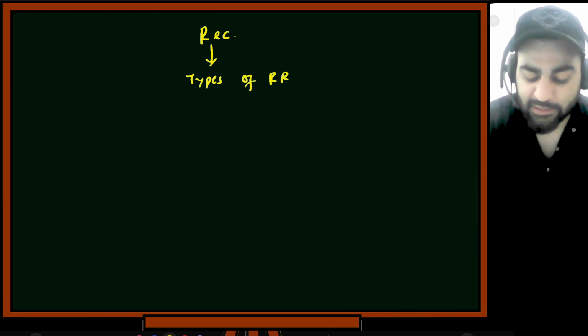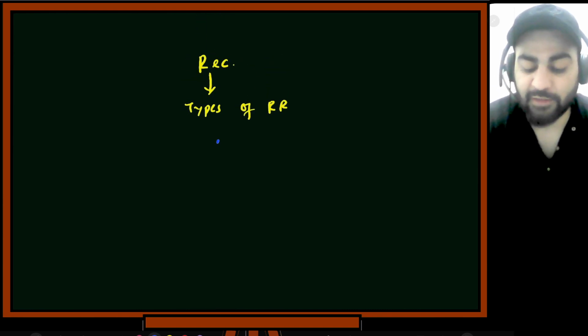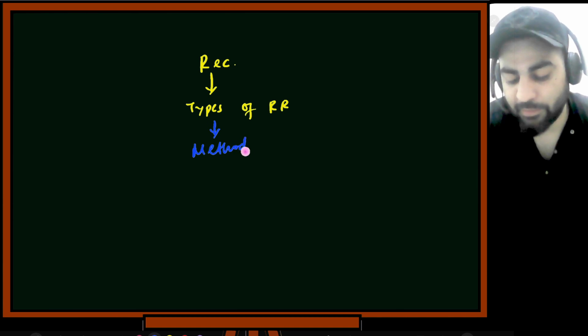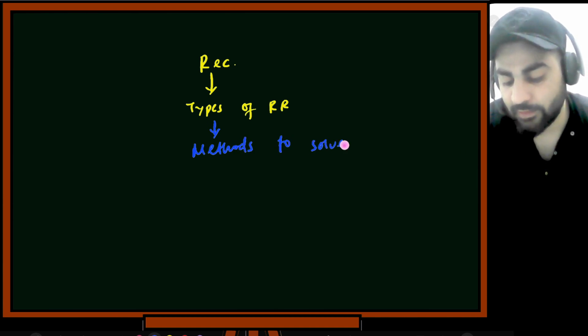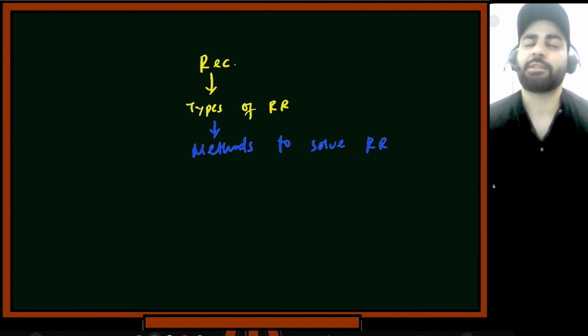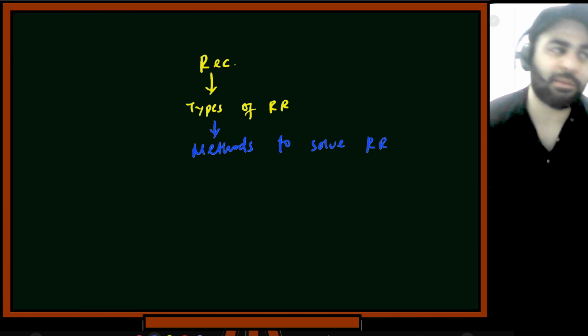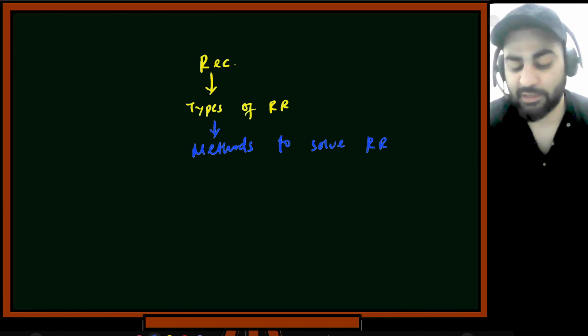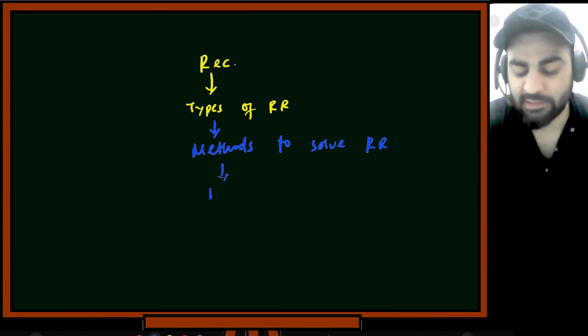Then we saw different methods to solve recurrence relations: the substitution method, Master's theorem, and tree based methods. We covered Master's theorem among them. This is the whole graph of whatever we understood so far.